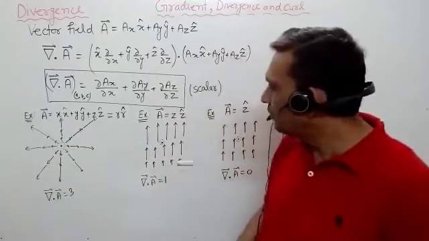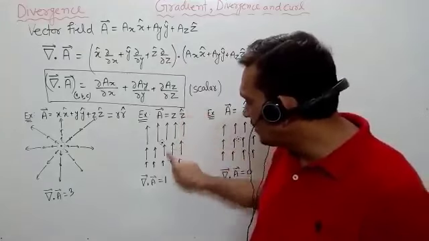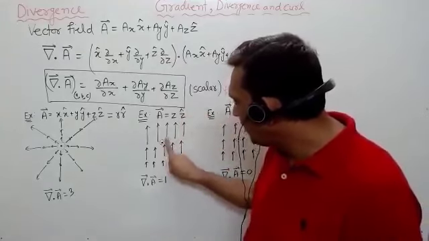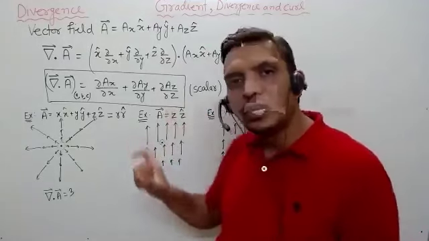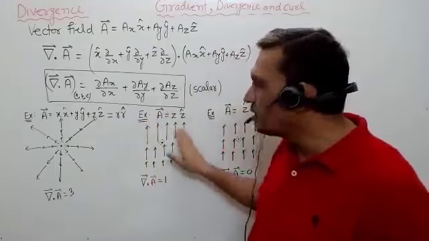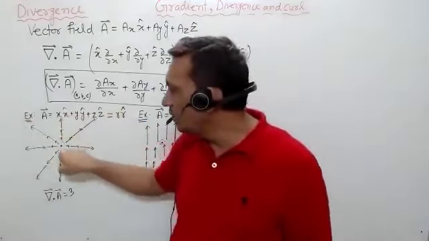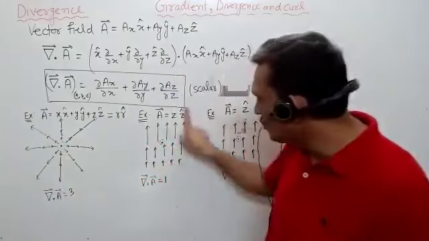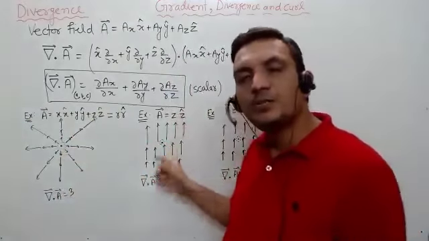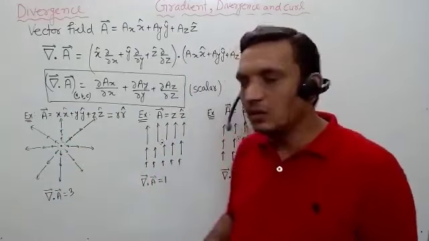In this case also, you can see these magnitudes are different. So in that sense, you will see what is coming in and what is going out. That will be different. That's why you have some positive divergence. In both cases, this arrow shows the positive divergence. Sometimes divergence may be negative also.